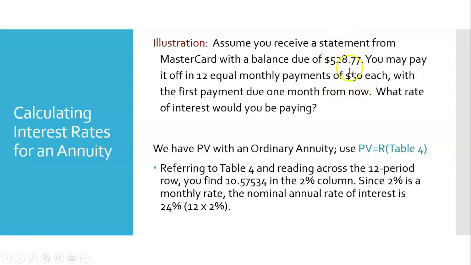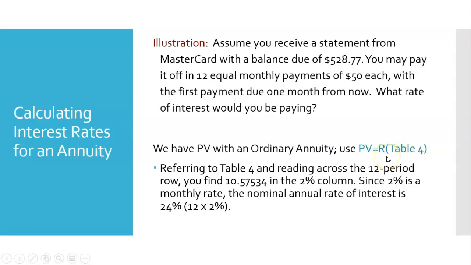Then our rent is $50, our number of periods is 12, and the I is our question mark. Since we have the PV and it's an ordinary annuity, we're going to use PV equals R times table 4, which is $528.77 equals $50 times the table 4.